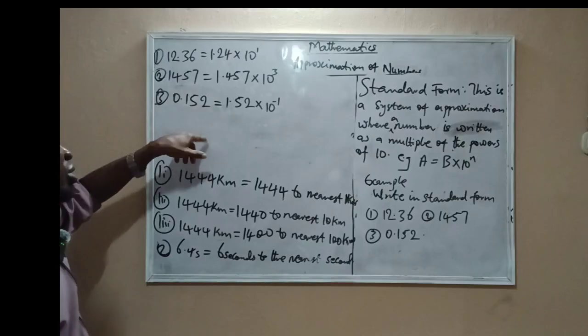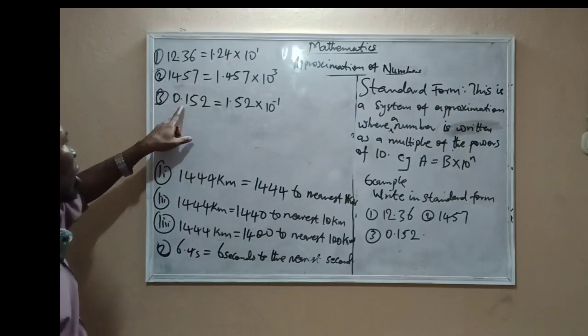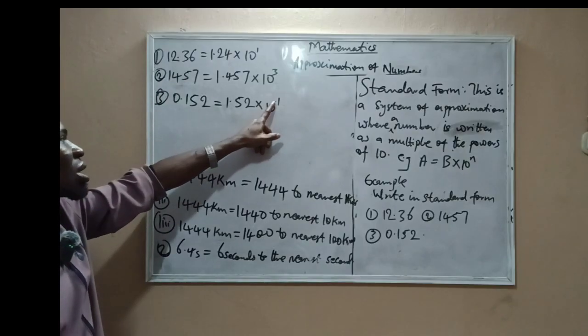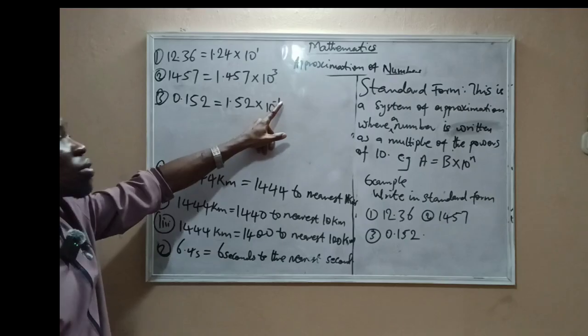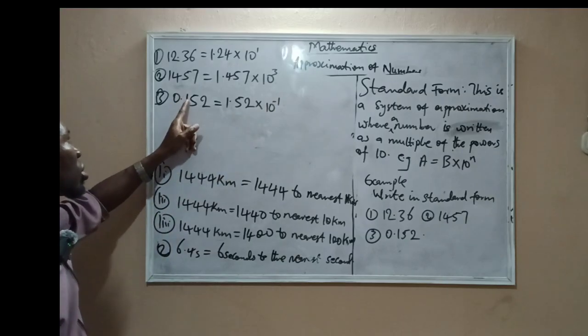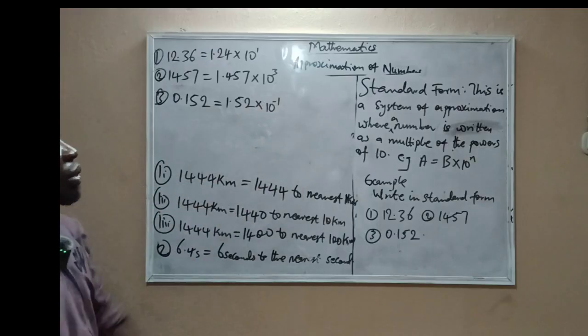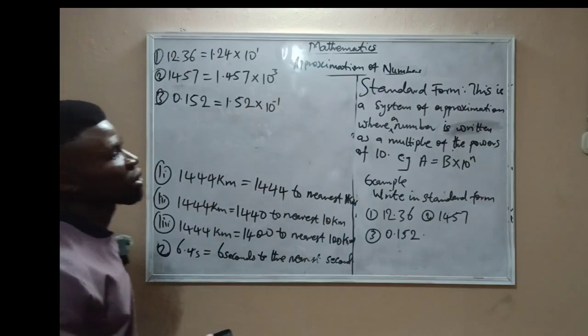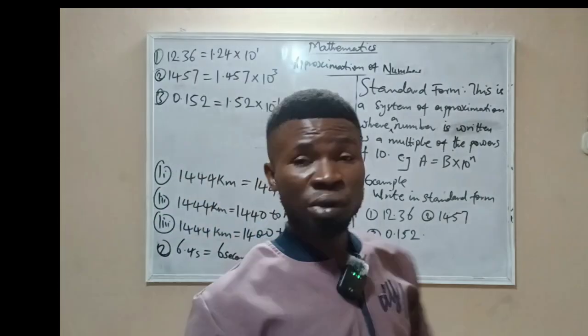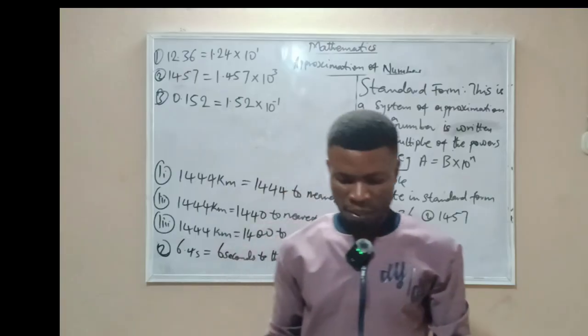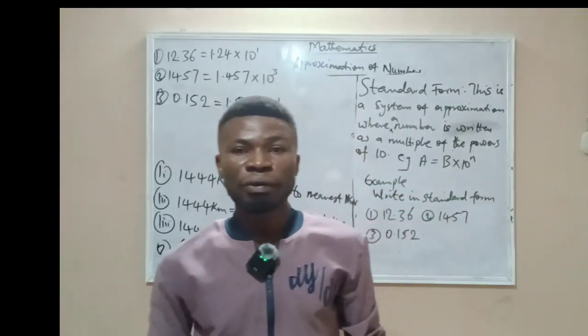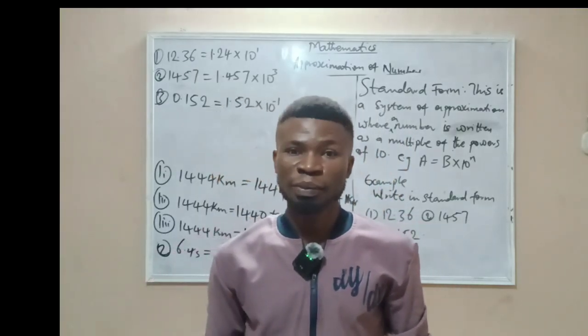The point is moving to the right, and because it's moving on the decimal side, that is why it has the power of minus 1, and it moves only once. So we have 1.52 times 10 to the power of minus 1. So that's it for approximation of numbers. Thank you for your active participation.